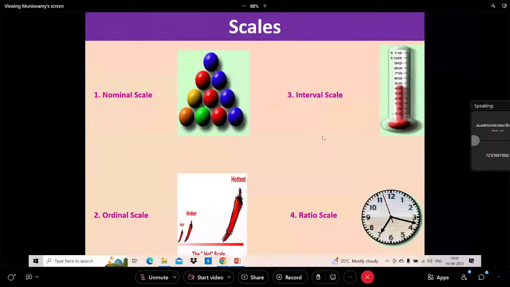Nominal scale means the variable values are names, like red, green, yellow, brown. These are all labels. Take gender as a variable; its values are male and female. So this kind of variable is nominal.